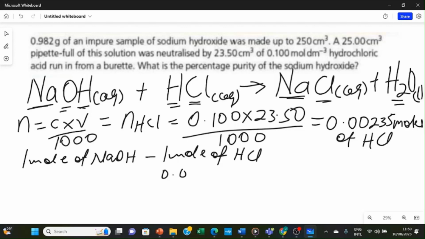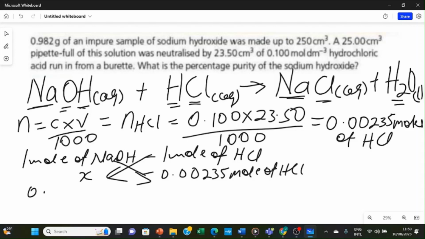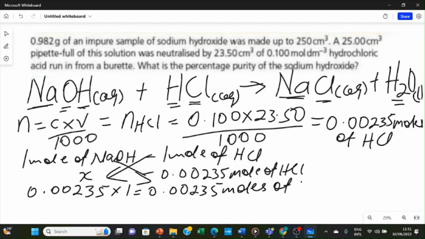Therefore, 0.00235 mole of HCl will give you what moles of sodium hydroxide? So you cross multiply. It will be 0.00235 times 1, which is equal to 0.00235 moles of sodium hydroxide. So this is the number of moles of sodium hydroxide in 25 cm³.